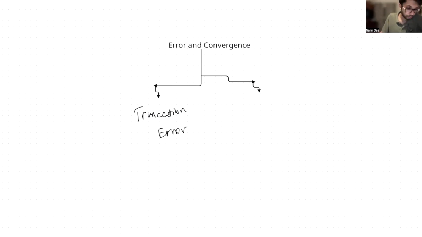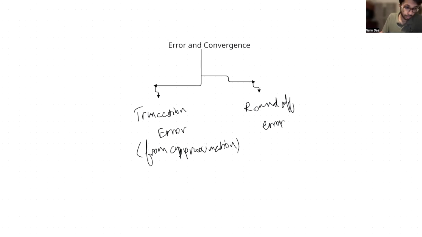And next we have the round off error. Truncation error is from approximation. And then we have the round off error, which is from machine precision.